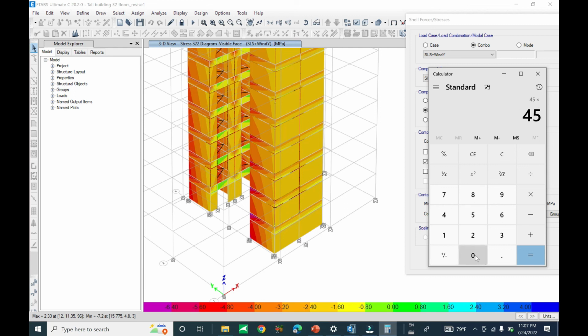We use the national factor of the UK, 0.85 for concrete, and divide by the safety factor of concrete, gamma C, 1.5, which is equal to 25.5. So the value of the compressive stress, 5.6, is acceptable.